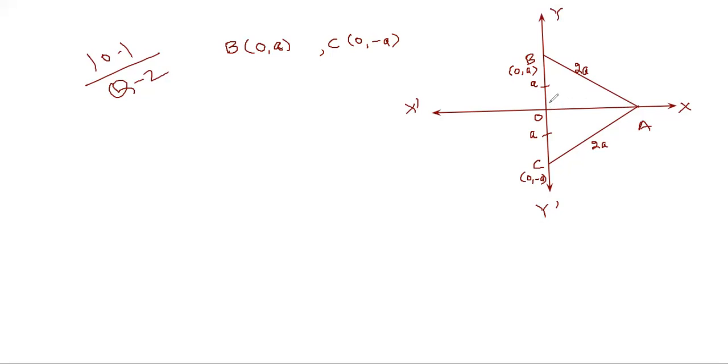Now we have to find this distance so that we can find the coordinates of A. Let us take it as x. By Pythagoras theorem we can find this distance.